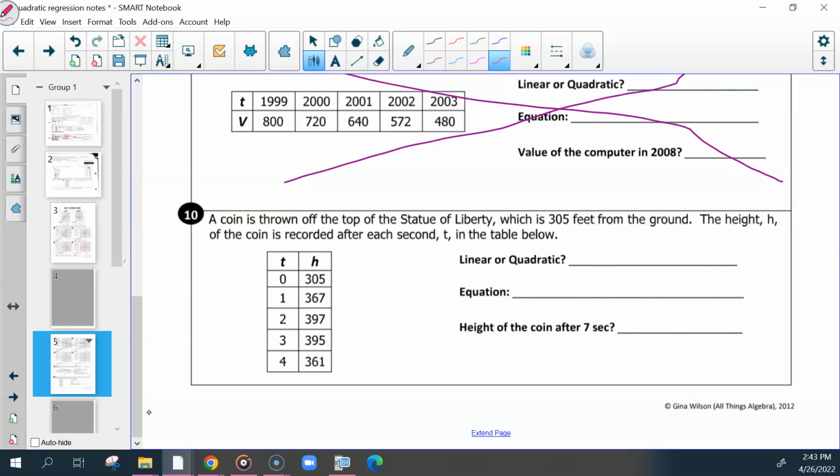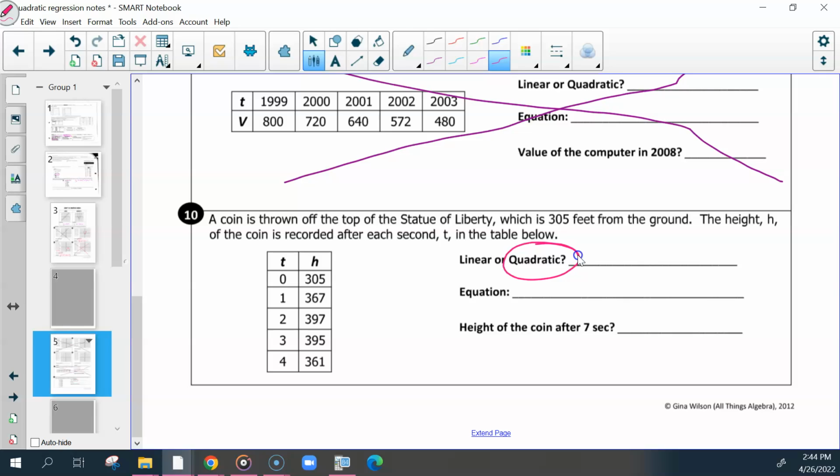So for this, it would have to be quadratic. We're not going to plug those points to see it, but it would have to be quadratic if you're thinking about it like that. It wouldn't go straight at an angle. Even if you just dropped it straight down, the wind might move it or anything like that.